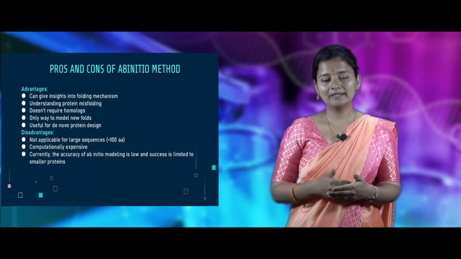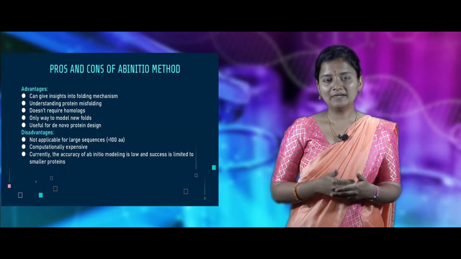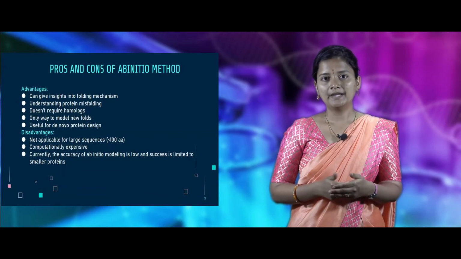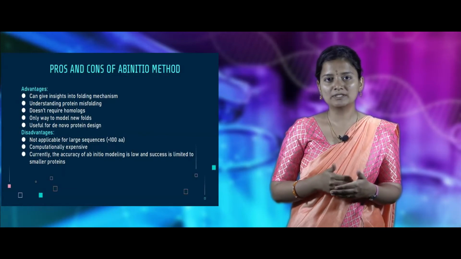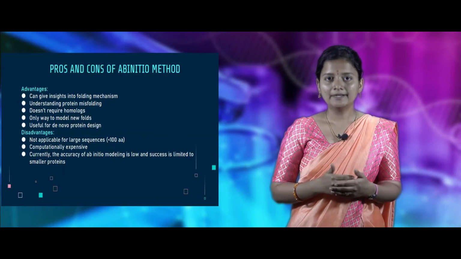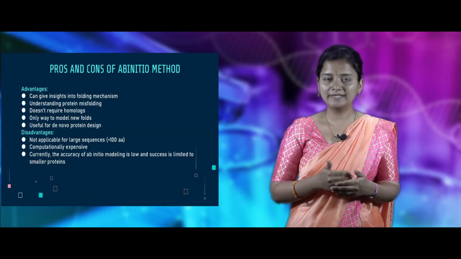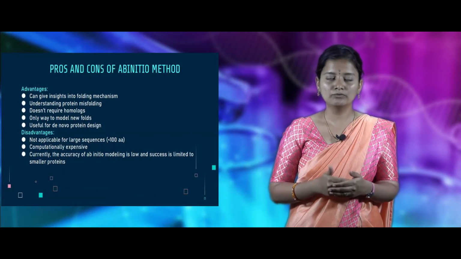Now we are going to look at the advantages and disadvantages of the ab initio method. The advantages of this method are, it is used to find protein folding, it also helps us find protein misfolding, and this method does not need any homologous protein for comparison. It is also used for de novo analysis for protein designing, and to find models of new folds.